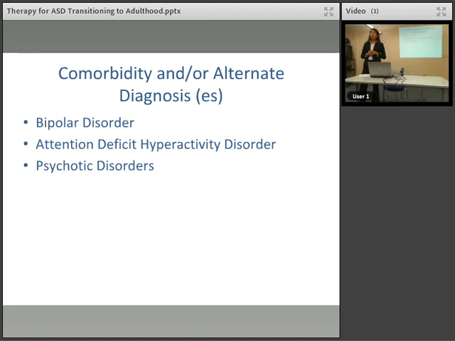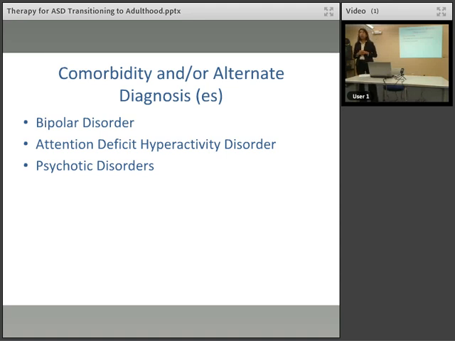But it's also a factor to consider that sometimes individuals with these disorders, in particular bipolar or other psychotic disorders, what may have manifested early on as an autism spectrum disorder, as a child develops and matures, may be more clearly defined later in life as a psychotic disorder or as another psychiatric condition.